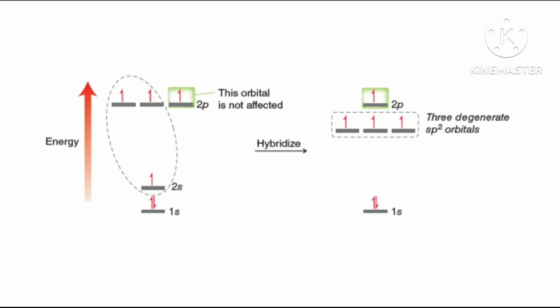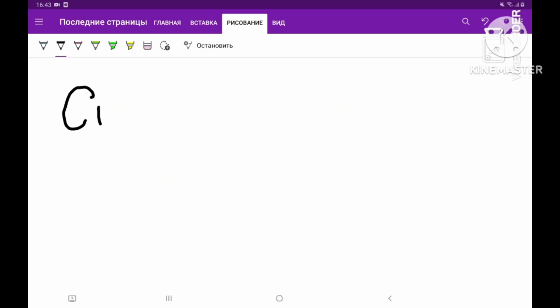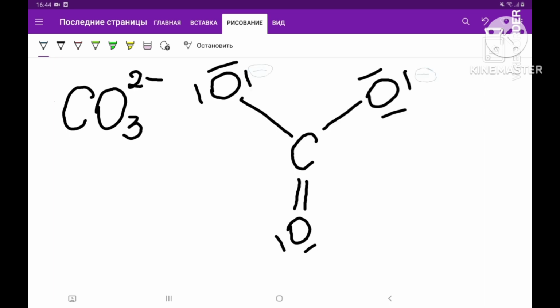Okay, let's go to other examples. For example, carbonate ion. If we draw the Lewis structure, it will have such a form, and oxygens will have the negative charge, -1, -1. Let's now find the hybridization of carbon. Let's again find how many bonding areas it has.